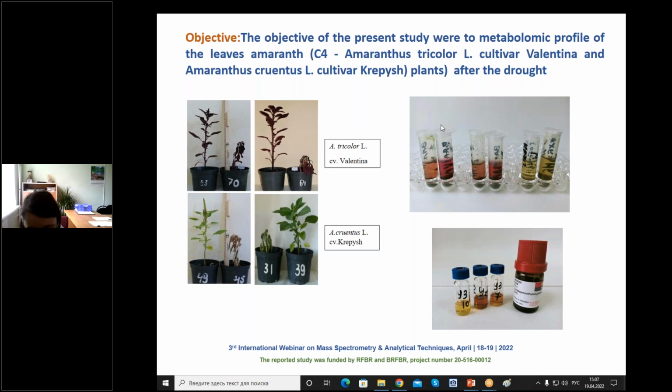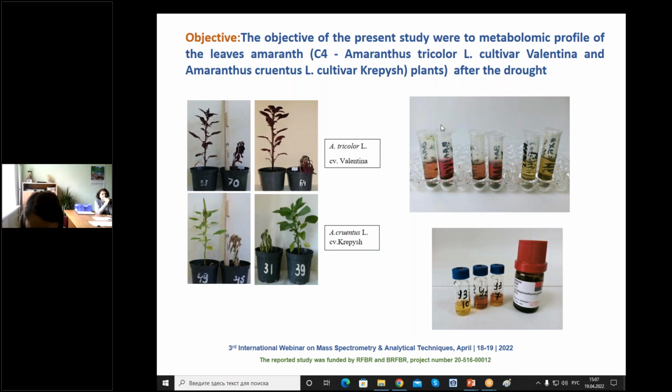Water stress, which causes drought, is one of the limiting factors affecting the environment in global climatic change and adversely affects crop plants' growth and development. The stressful impact of arid conditions causes changes in the biochemical processes of plants. Gas chromatography mass spectrometry based metabolomics was used to investigate metabolic changes in leaves of C4 plants under drought stress.